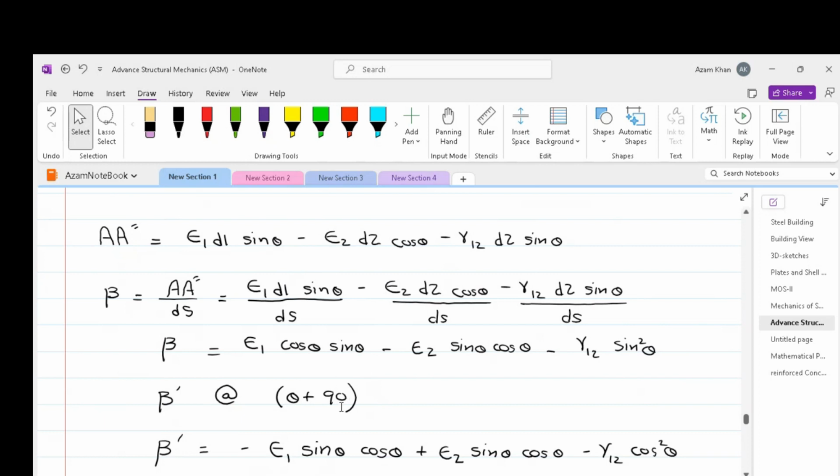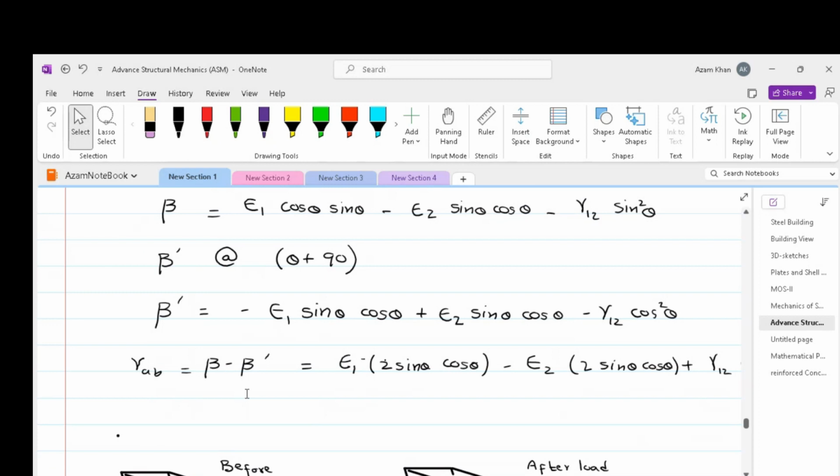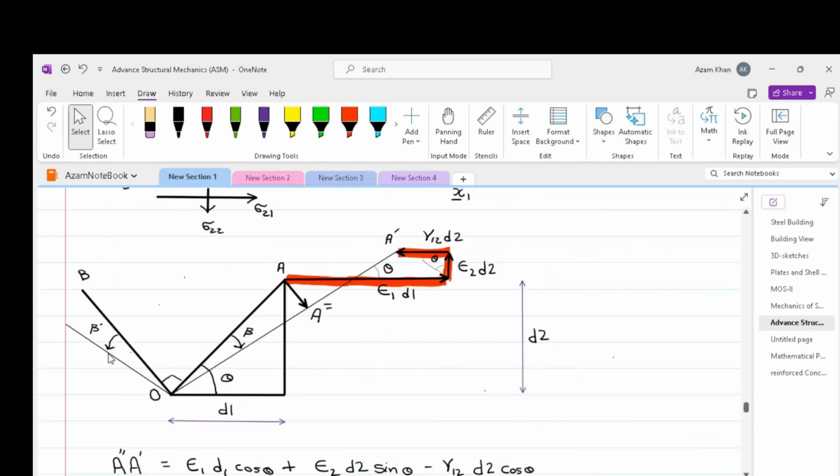So plugging theta plus 90 degrees in the beta equation, we get beta dash as minus strain 1 sine theta cos theta minus strain 1 sine theta cos theta plus strain 2 sine theta cos theta minus gamma 1 2 cos square theta. Please note that beta and beta dash rotate in the opposite directions.